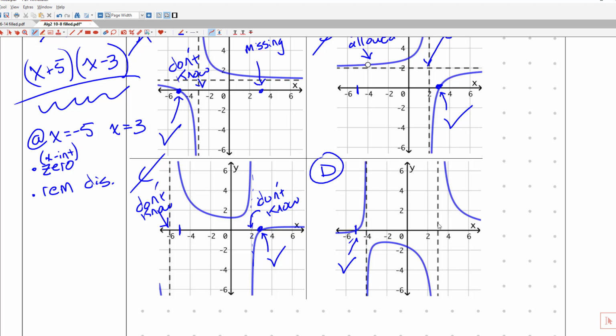Oh, but this is not an error, because remember that you can cancel things out. So a vertical asymptote can overpower a removable discontinuity, right? So I'm thinking, what if I had something like, okay, so we know that the numerator was x plus 5 times x minus 3.